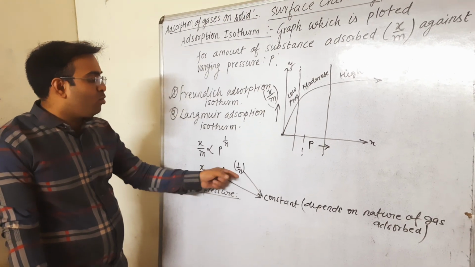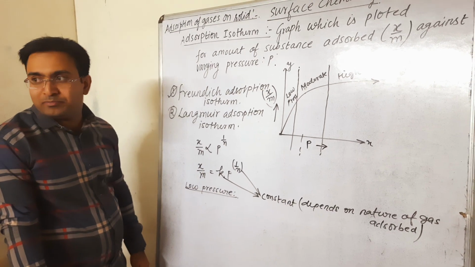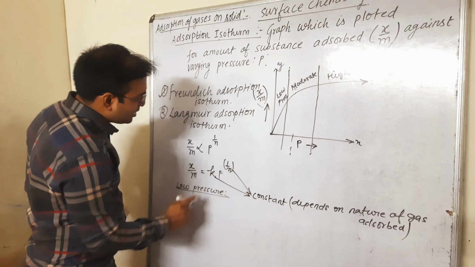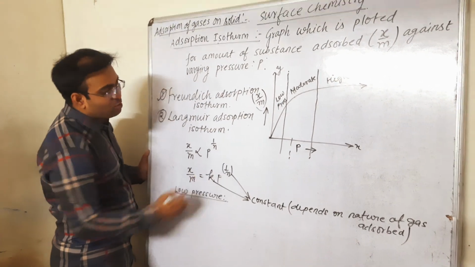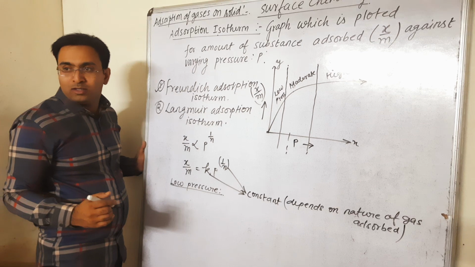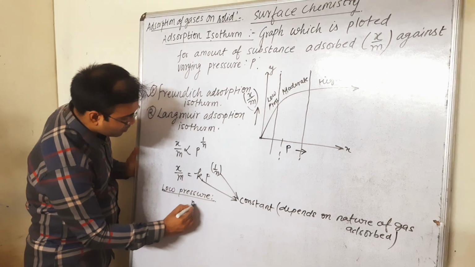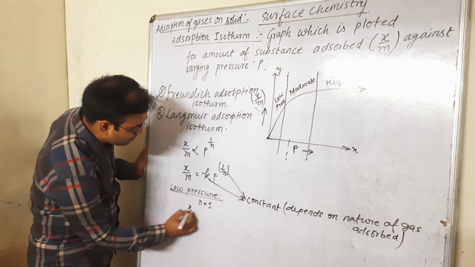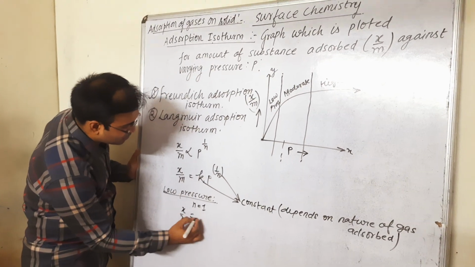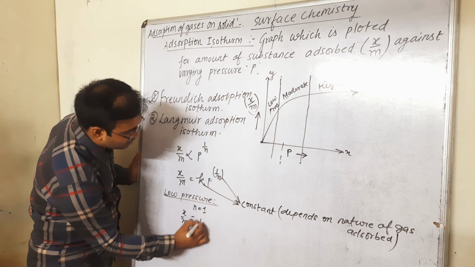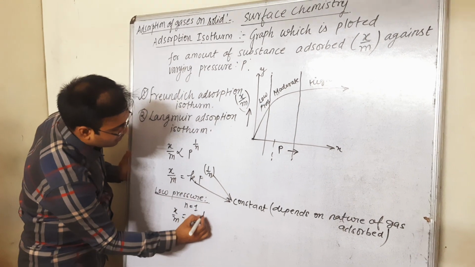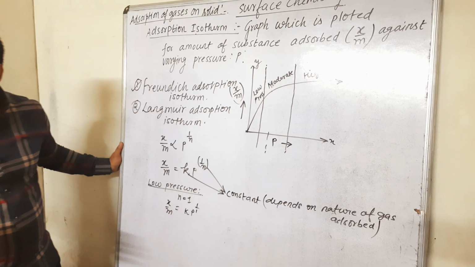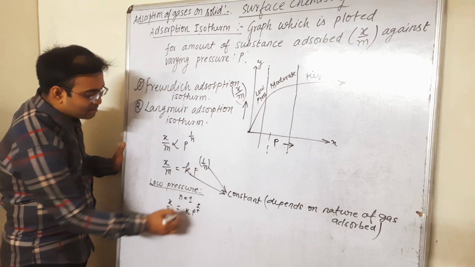The value of n will be 1. So x by m is equals to k p to the power 1 by 1, and that 1 gets cancelled.